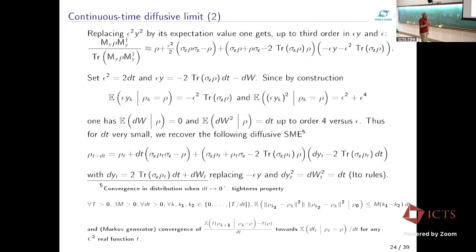And at the end, when you assume that it is very small, what you have is the update of rho. It is this, where dy is something that you get. And dw replaces dy square, the two rules, and what you obtain is the stochastic master equation. It is a little bit involved, the computation, but there is nothing new in this.